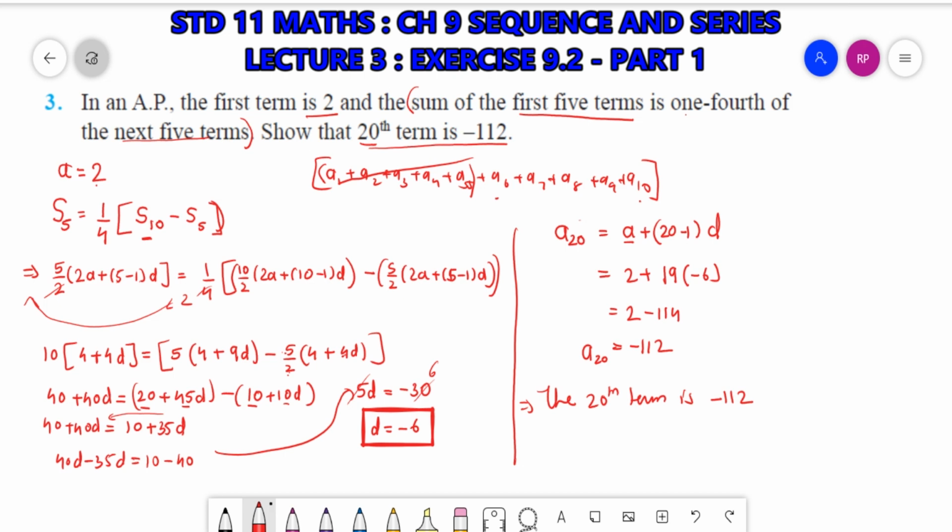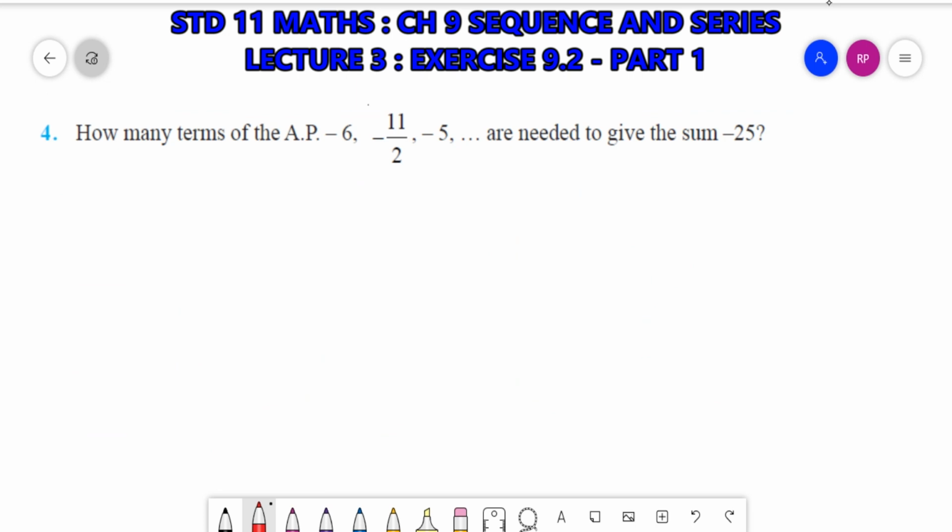Now let's see the next question, that is question number 4. How many terms of the arithmetic progression minus 6, minus 11 by 2, minus 5, and so on are needed to give the sum of minus 25? Okay. Here it is given a, that is the first term, minus 6.